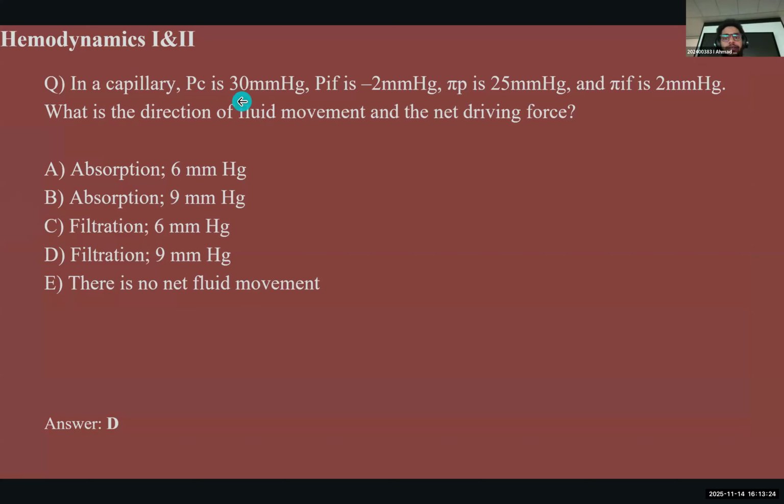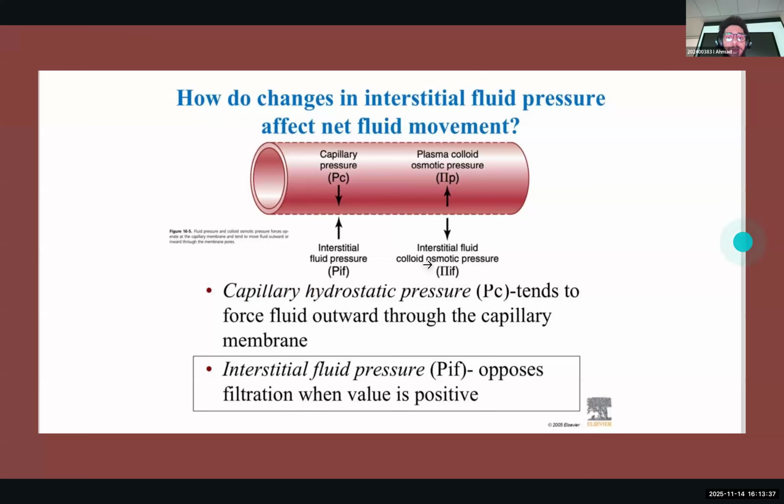So PC, which is 30, let me get out the calculator. PC, we said is 30, and then pi IF, we said is 2. So that's 32, tamam? And then 32, we're going to subtract from the plasma colloid osmotic pressure, which is pi P, along with PIF, which is the interstitial fluid pressure.